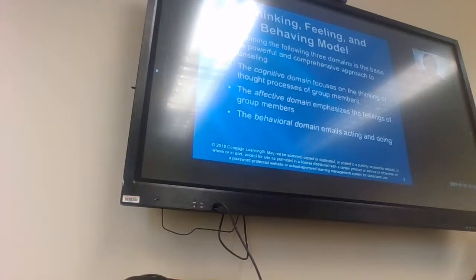The affective domain is about emotions and feelings. So we want to explore how you're feeling. Now, I have seen that sometimes one's emotions are misaligned with their thoughts. So you have to work with your clients or your group members to explore where their thoughts and emotions might not be in alignment.